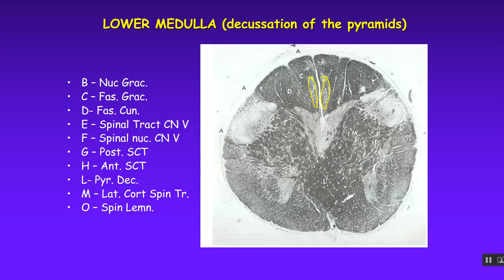So that's the nucleus gracilis, and then C, this area around it, is the fasciculus gracilis, right? That's coming up the back side of the brainstem. So this is front, this is back. So let me make sure we're oriented here. The back is towards the top, sorry, and the bottom is towards the front, okay?